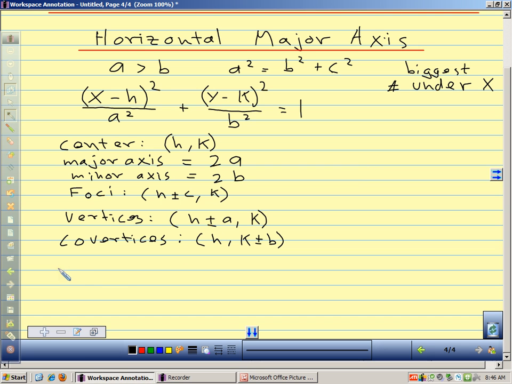If our center is at (0, 0), our equation just turns into x squared over a squared plus y squared over b squared equals 1.